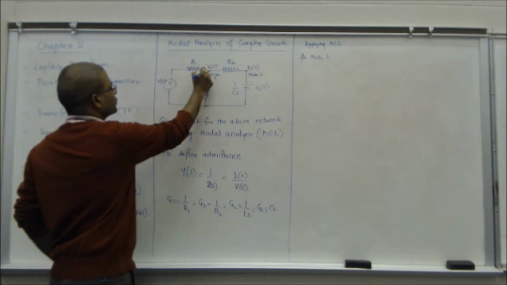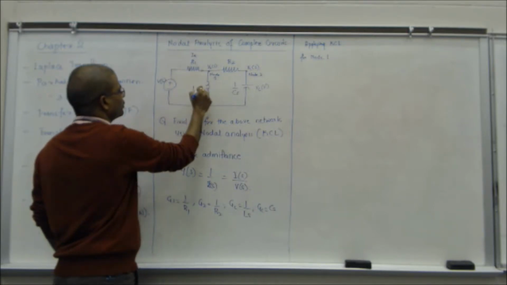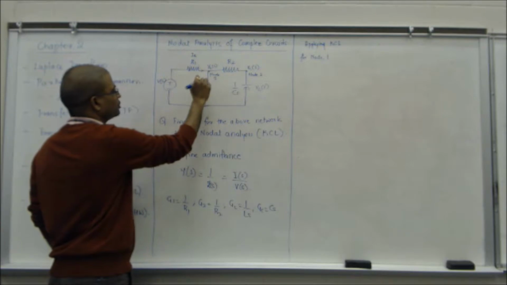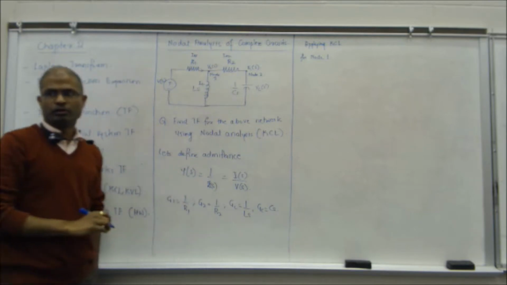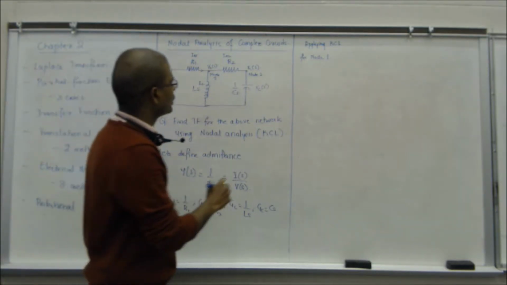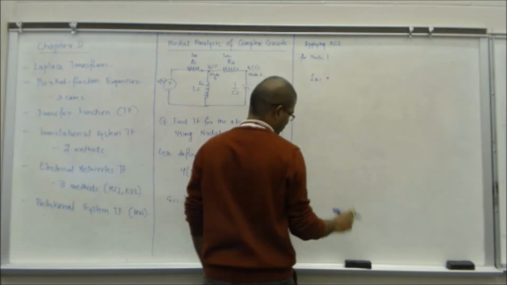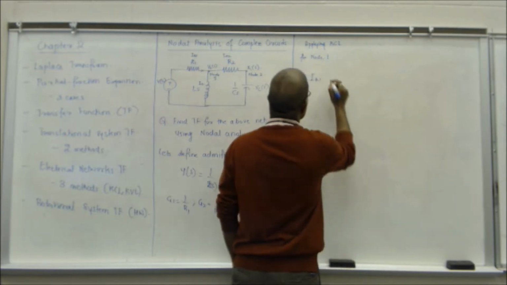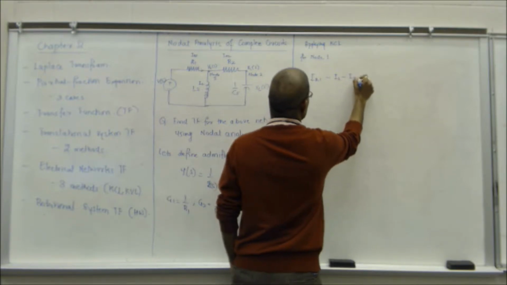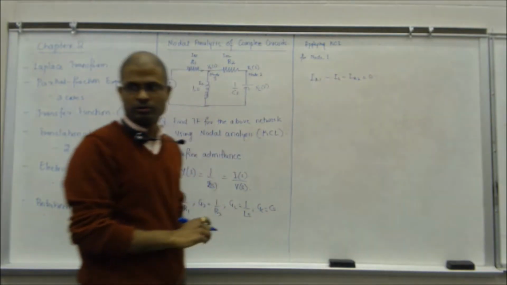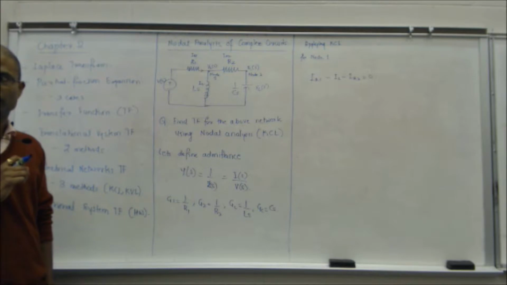There is this current, say IR1, and IL is flowing out, and IR2 is going out, right? So you would write it as IR1 minus IL minus IR2 equal to 0. You agree with this one? This is for node 1.